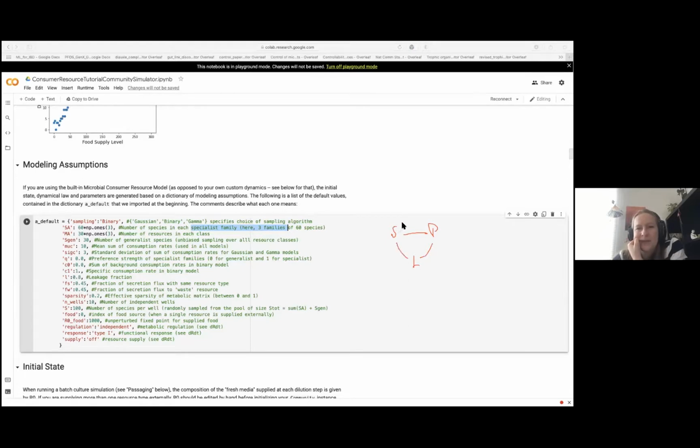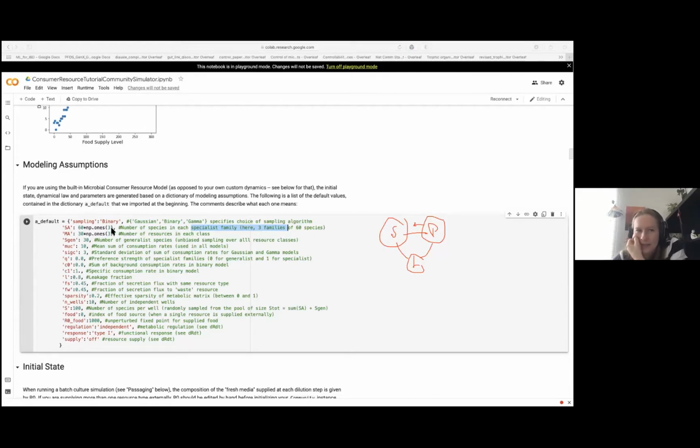And basically you can have species that are specialized on a certain class, and then they can produce another class as byproducts or something like that.